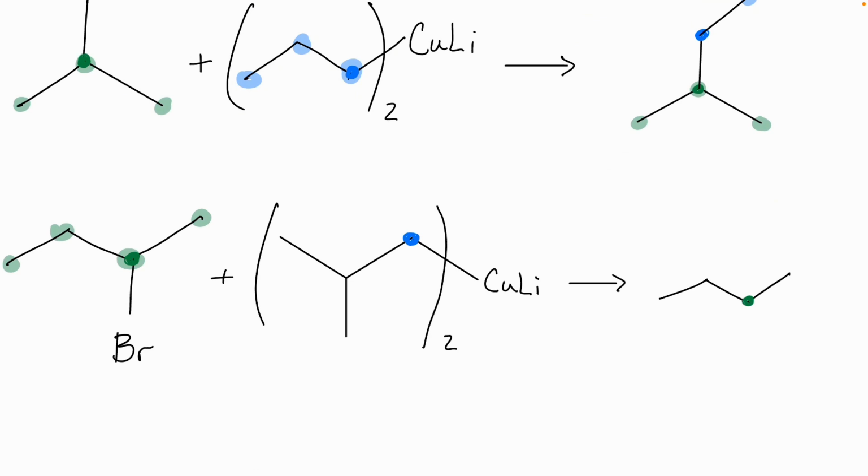So now I'm going to draw that new bond, and again, on the other side is the blue carbon. So now I need to make sure to include what was attached to that blue carbon. These 1, 2, 3. Okay, but it's in that little fork. So 1, 2, 3. Boom.